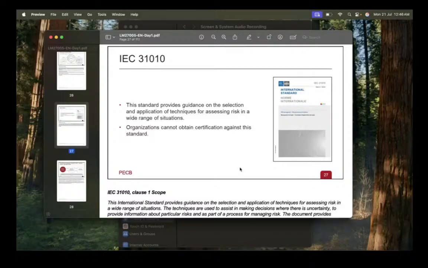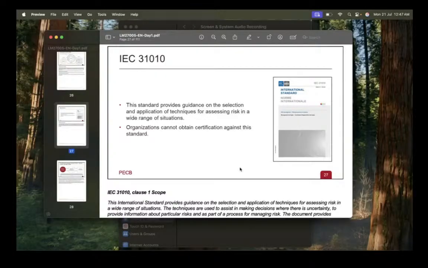So this standard tells us which techniques or applications we should use while assessing risk. It is used in different processes for different types of situations, so it is important for us to understand a little about this standard as well.